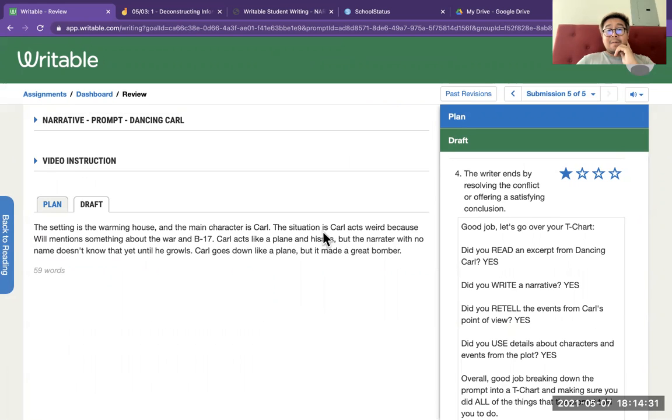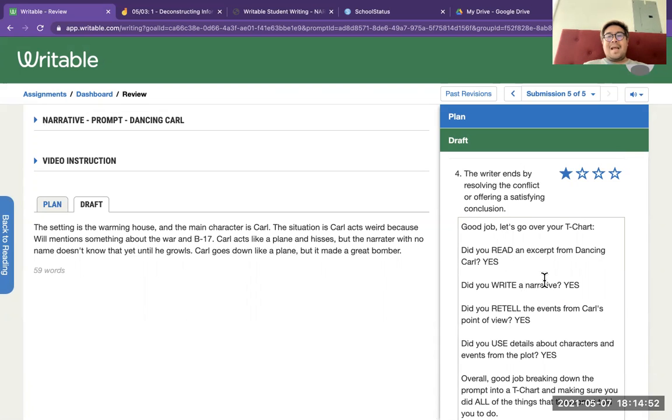And in this draft, they give a good summary of it. This is a summary, right? It's telling what happened, and it's a decent one. So it's clear that this writer did read that excerpt from Dancing Carl, so they could check off that row in the T-chart, right?